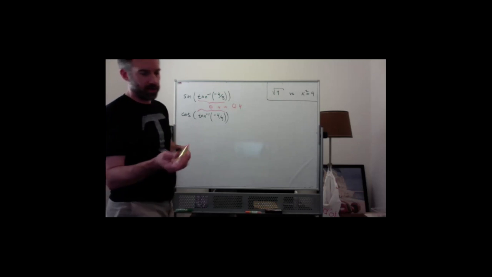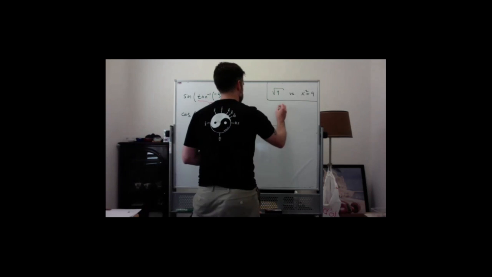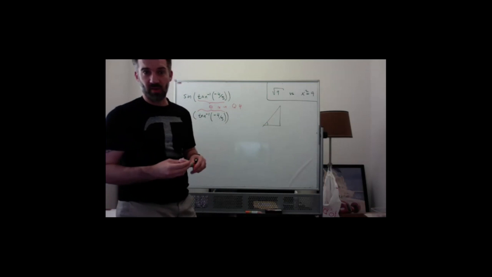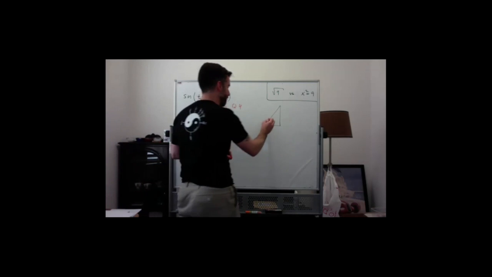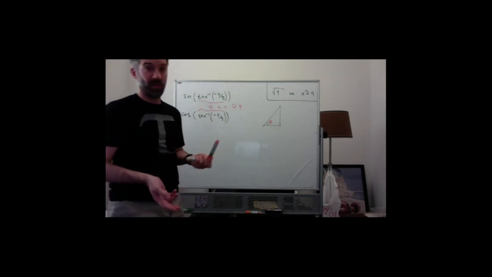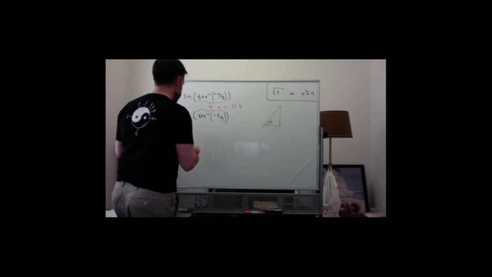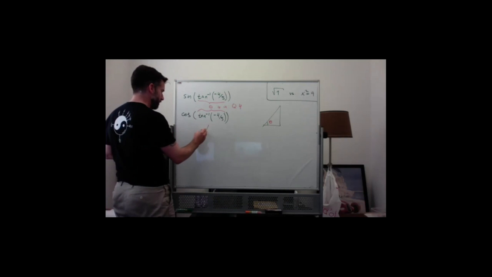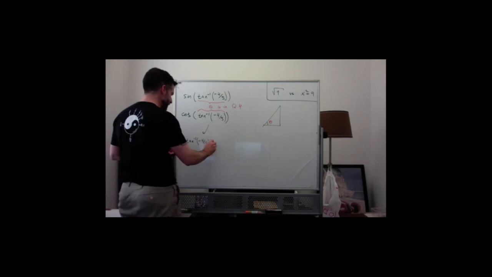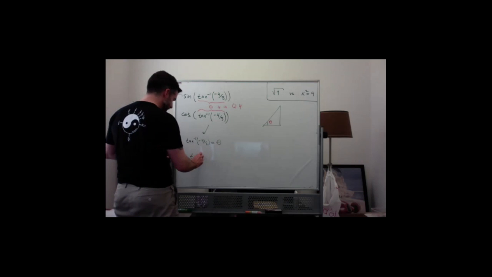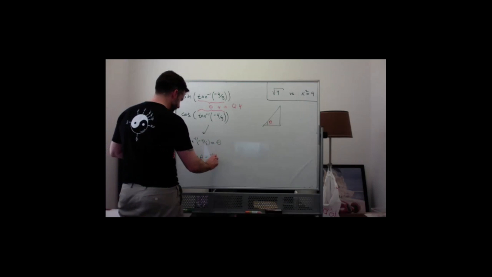So this is the same thing, right? We're going to draw a triangle. Be careful. People like to try and trick you with a 3, 4, 5 that isn't a 3, 4, 5. This is not a 3, 4, 5 triangle because tangent is opposite over adjacent. If inverse tangent of negative 4/5 is equal to the angle theta, that's the same as saying tangent of theta is equal to negative 4/5.